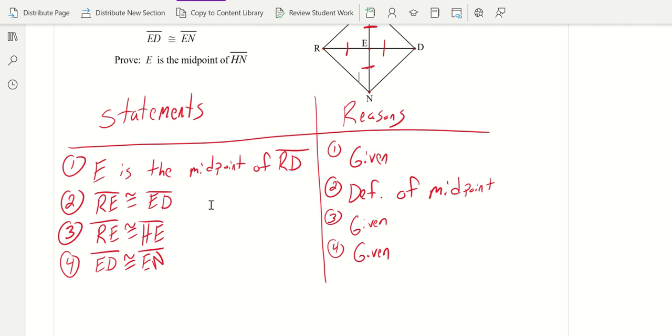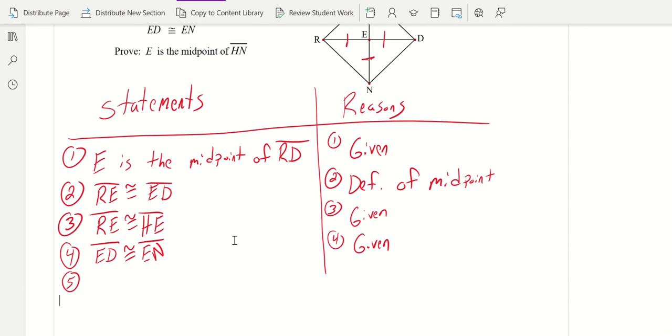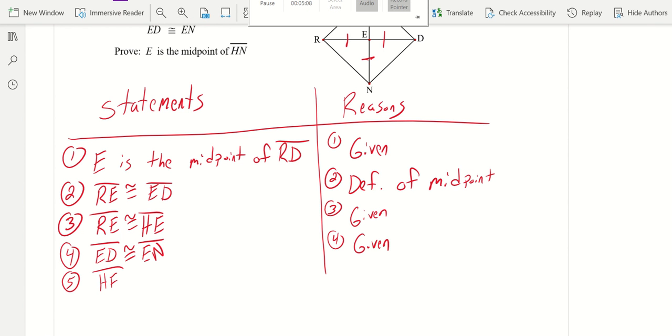What are we able to conclude? We're able to conclude that, we got to use some substitution, right? We're going to say that RE is going to come out, HE is going to go in its place. So HE is congruent to ED.